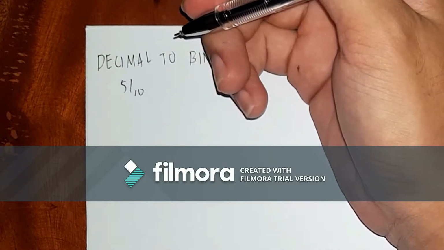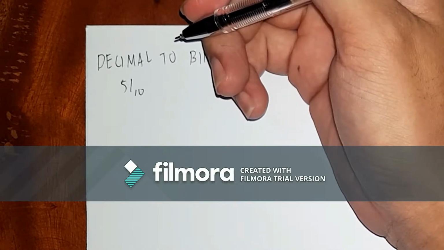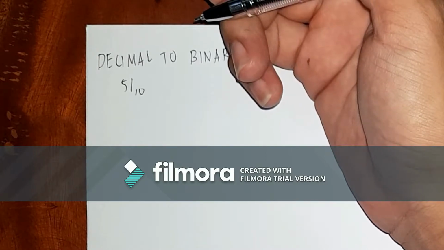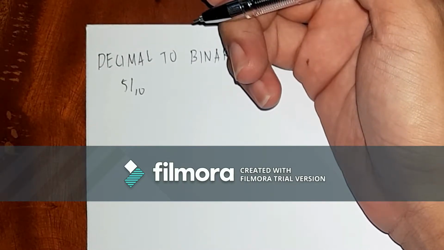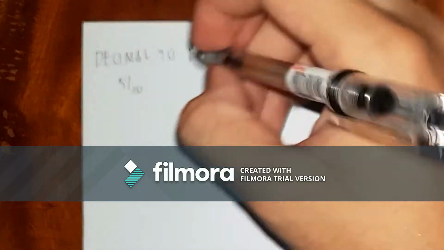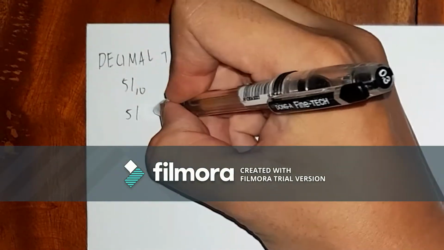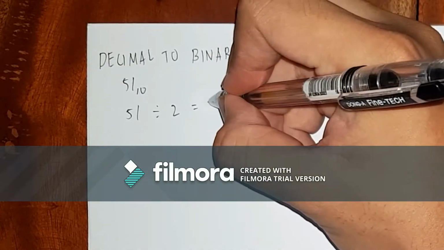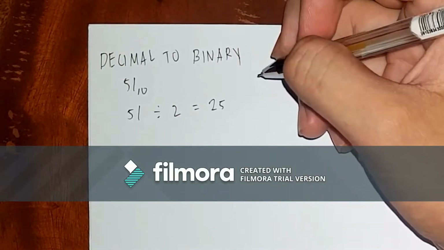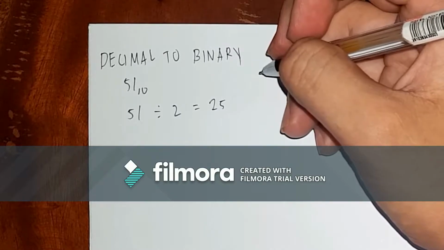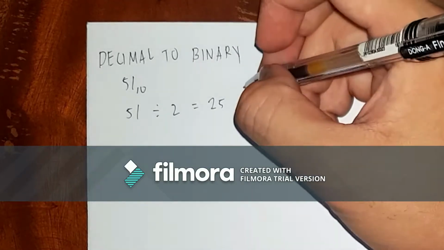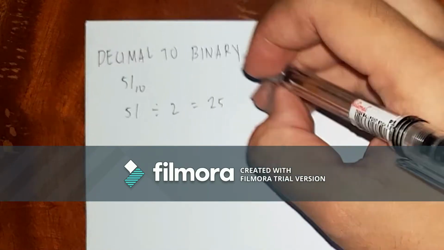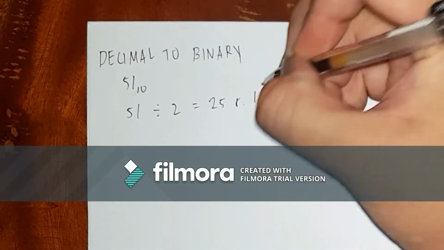Divide the decimal number by the base or radix of the number system you want to convert to. Therefore, decimal number 51, we will divide it by 2. 51 divided by 2 is equal to 25. Step 2. Write down the remainder of the division operation. 51 divided by 2 is equal to 25, remainder 1.